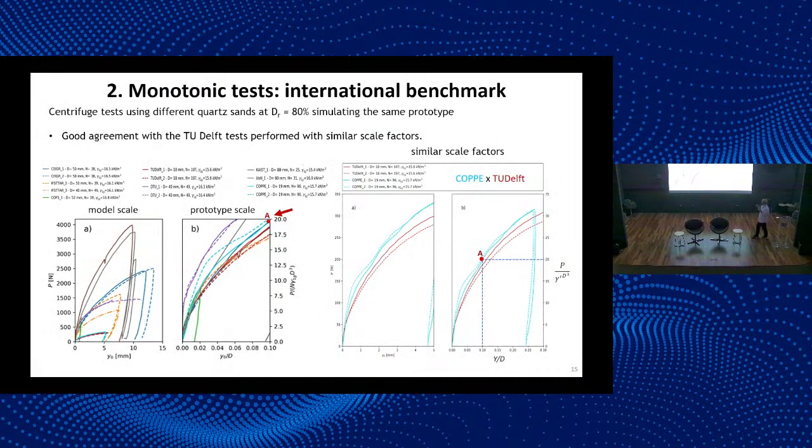But before we performed monotonic studies, we took part in an international benchmark with 7 other groups from all over the world, Europe and elsewhere. We plot these 2 centrifuges. They are similar size, one at 107 g acceleration, the other 96 g. So they plot together.